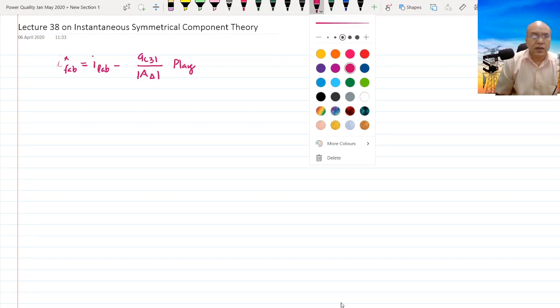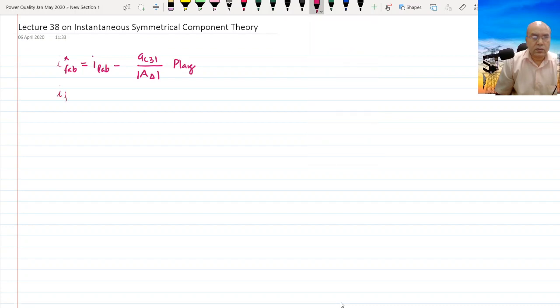And similarly we have IFBC star equal to ILBC minus AC32 by A delta into PL average, and IFCA star equal to ILCA minus AC33 by A delta into PL average.